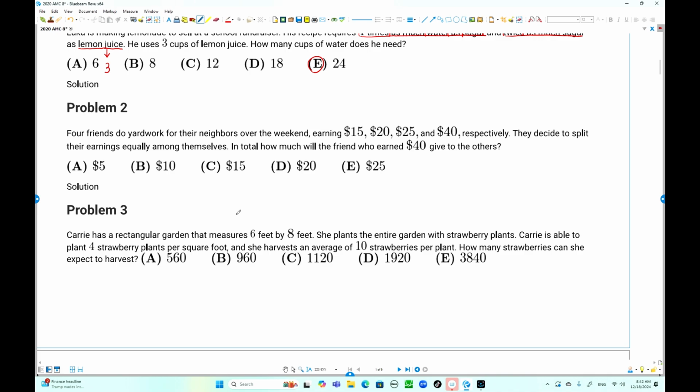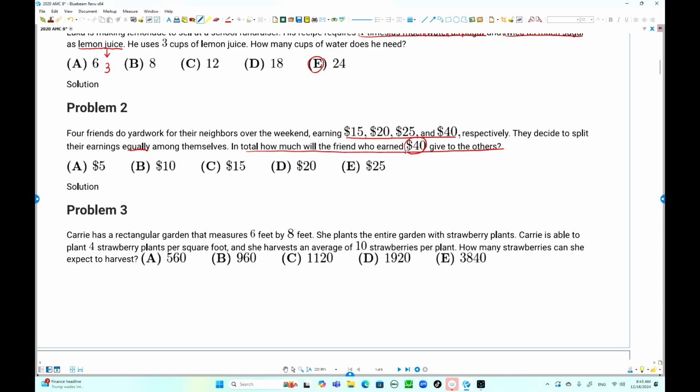Number 2, you can read the question over here, okay? That four friends, they paid this much. They're gonna split their earnings equally, okay? So that's the question over here, already underlined, okay? All right. So these guys, $40, how much do they have to give to the others, okay?